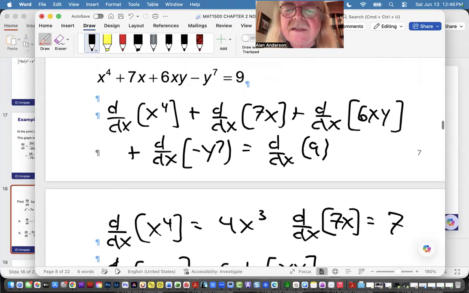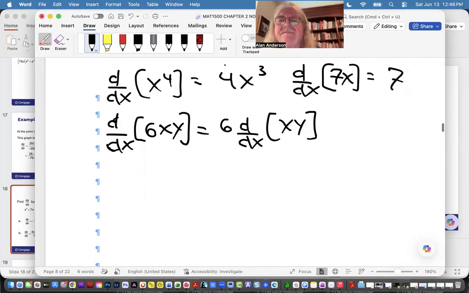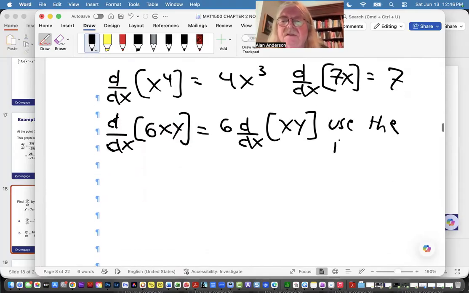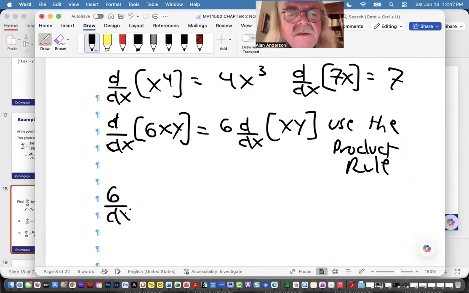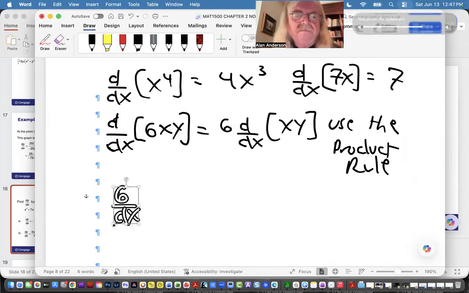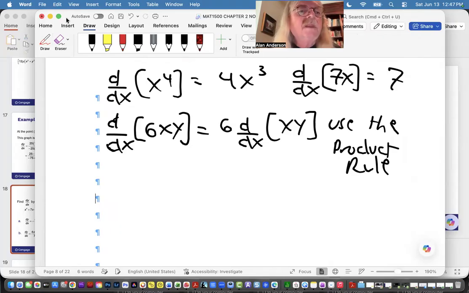All right. Now, once again, like we saw before, we're going to use the product rule. So what do we have? 6. We'll multiply by whatever we find here.